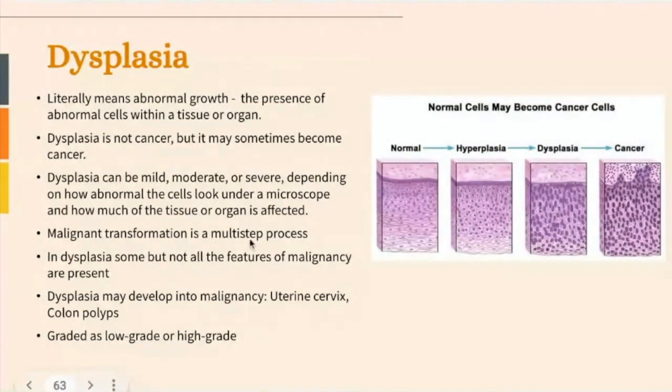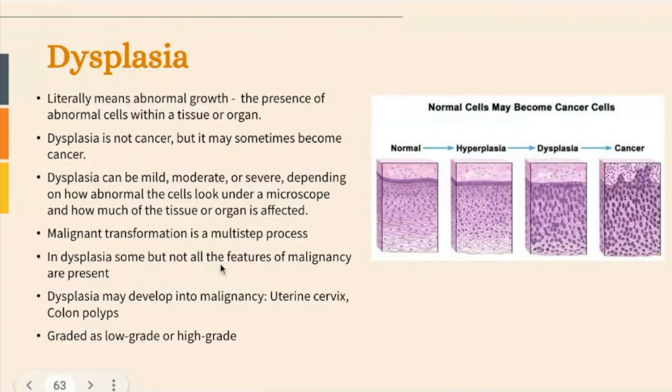And malignant transformation is a multi-step process, right? In order for the cells to become cancer, it needs a multiple-step process before the cell has the ability to become malignant and metastasize to other cells or organs.